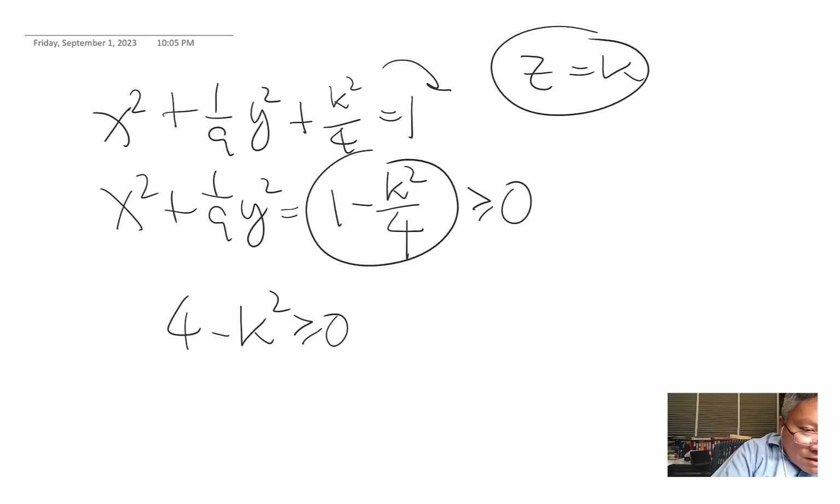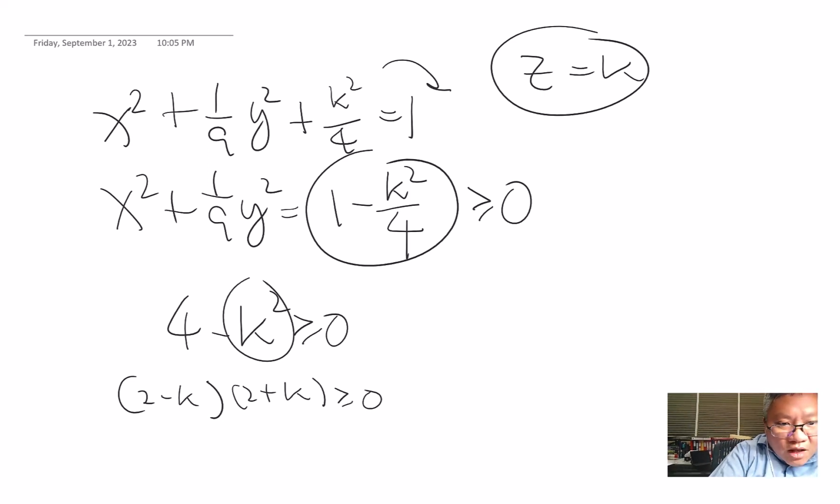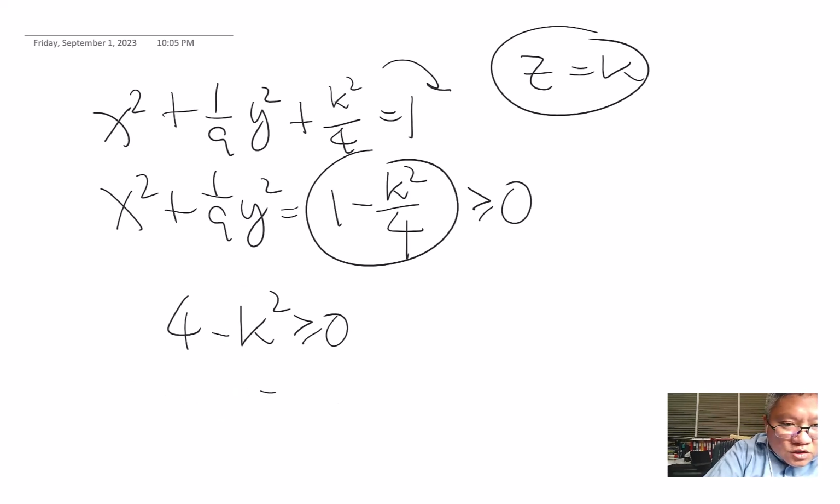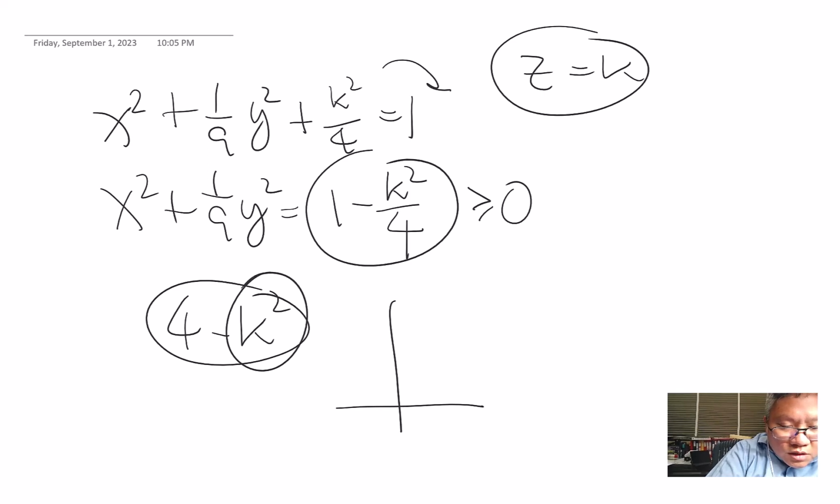And in many different ways, you can do the sign analysis to see what values of k can make this happen, or you can also just use your algebra. So think of these terms here. If you try to plot these terms, this one here is like this, but then it goes up 4 units, so it's like that.